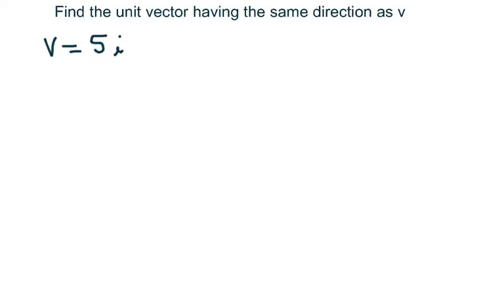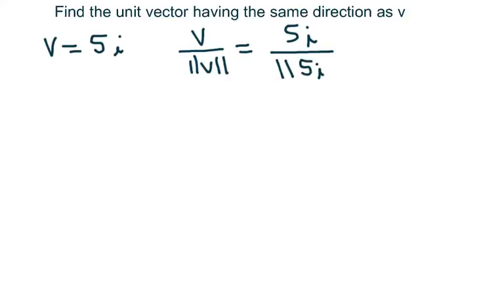We want to use v over the magnitude of v, which equals 5i over the magnitude of 5i.